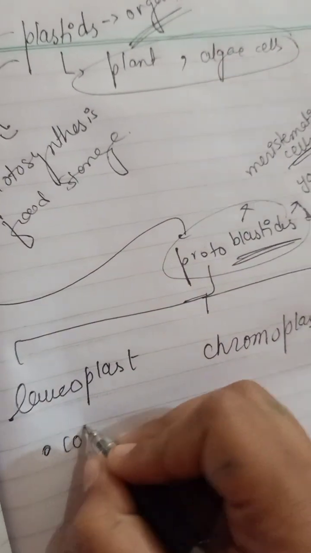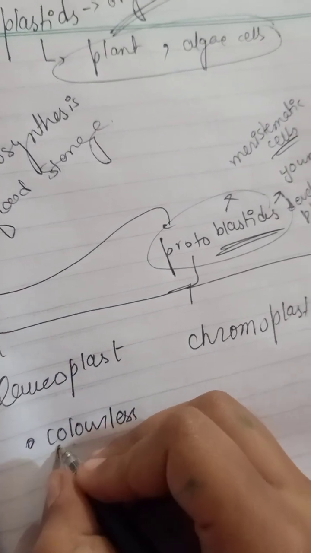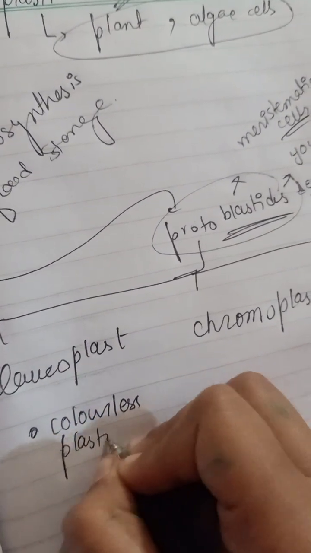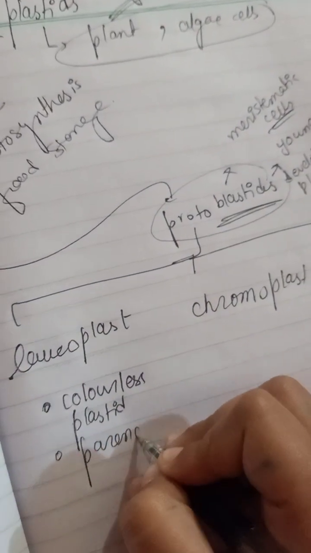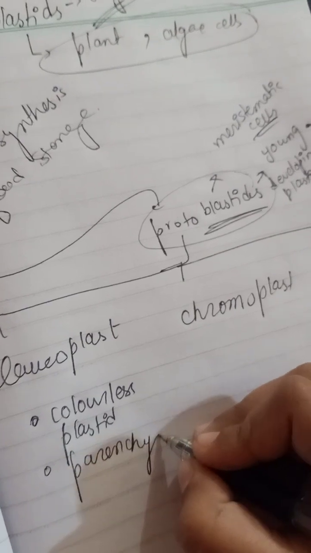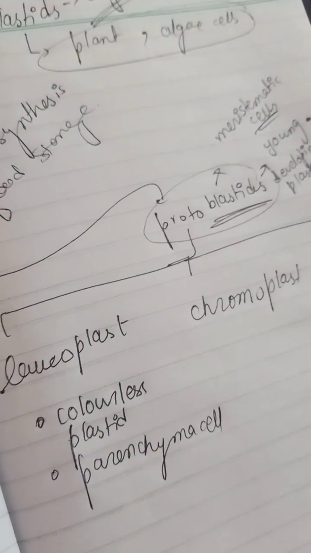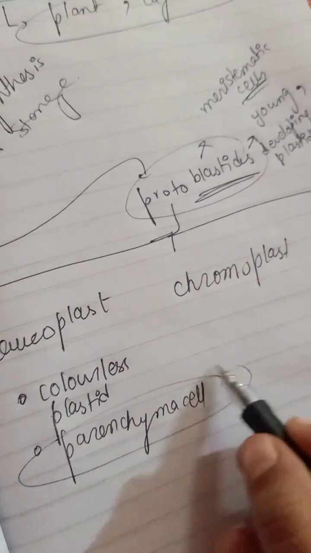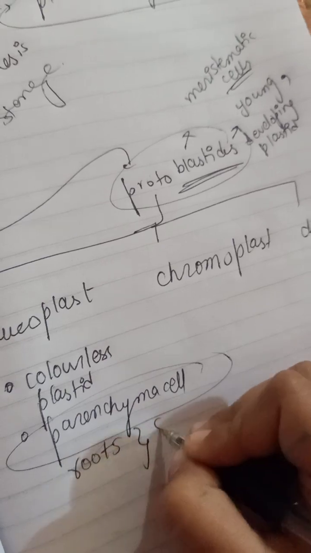Leucoplast is basically the colorless plastid, which means they have no pigment. Okay, and they are found in the parenchyma cells. What is parenchyma? Parenchyma cells are basically the connective tissue cells. They are found in the parenchyma cells of roots and seeds.